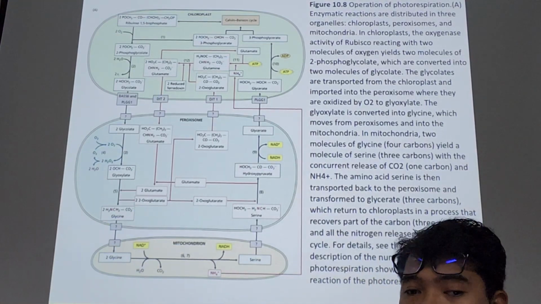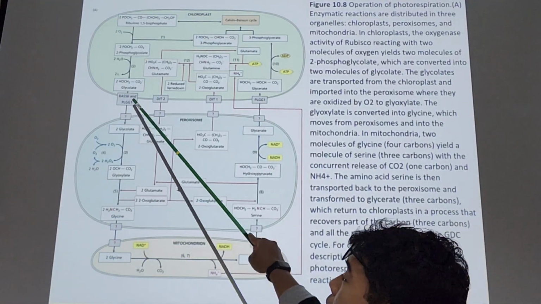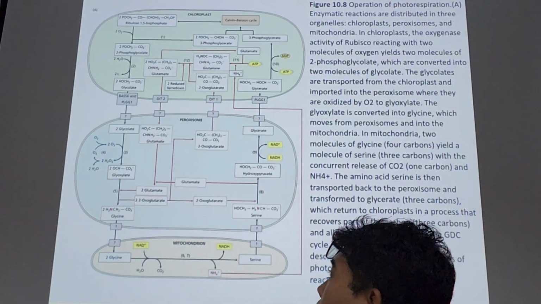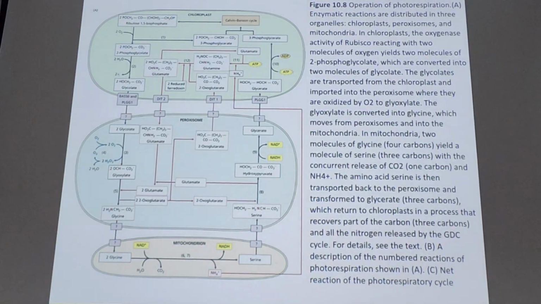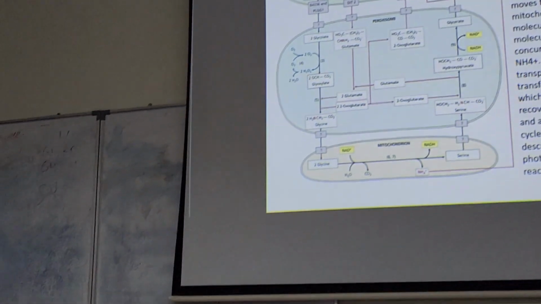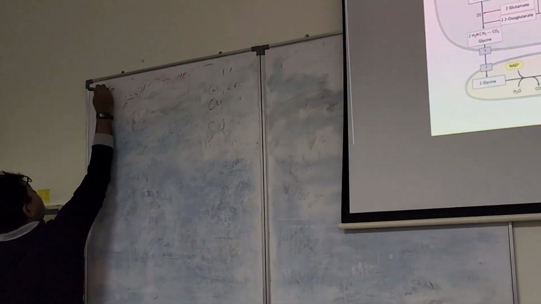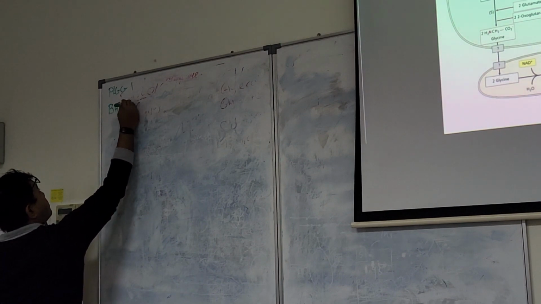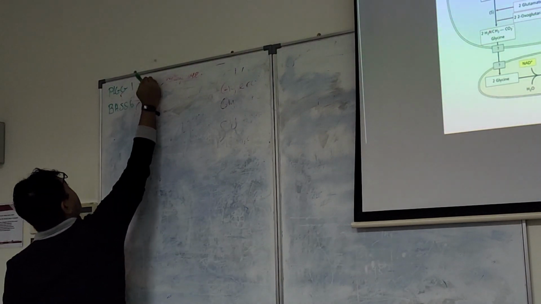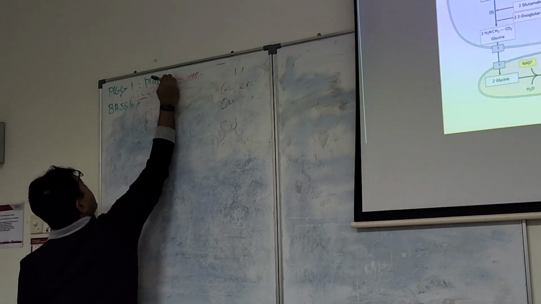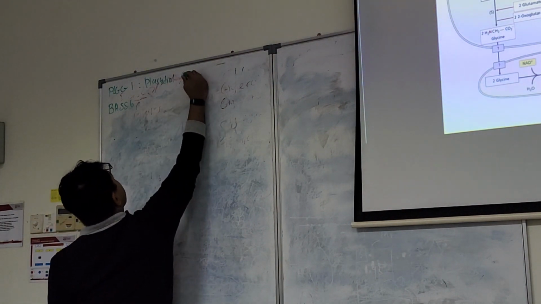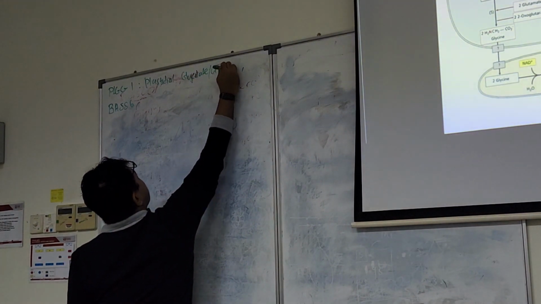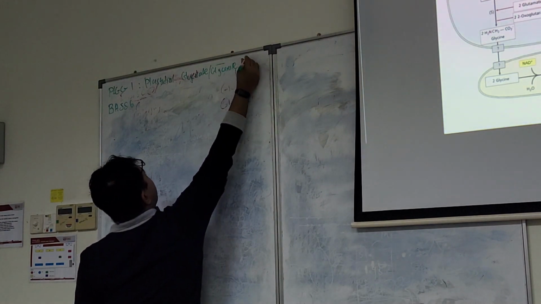Two years ago, when I taught this photorespiration, people had not yet confirmed the name of this transporter. So I can give you the name: it's PLGG1 and BASS6. P stands for plastidial glycolate glycerate transporter number one.